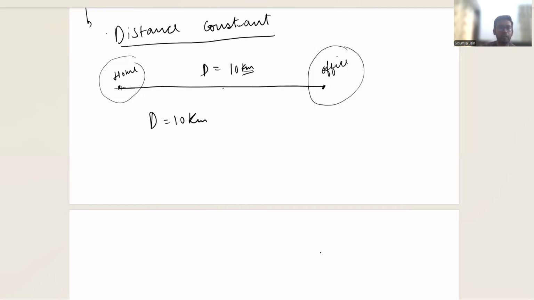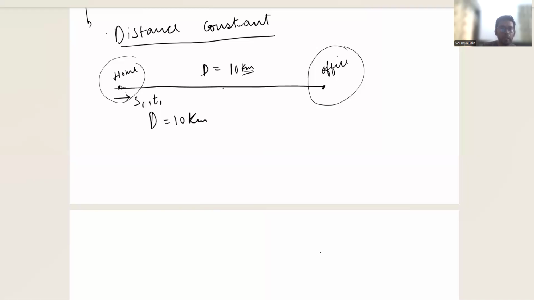Let's say while going, I travel at speed S1, and when I travel at S1 and cover 10 kilometers, I take T1 time. ठीक है, मुझे T1 टाइम लगता है. We are not much interested in the value of T1 or S1, we will discuss it later, but for time being just bear with me.